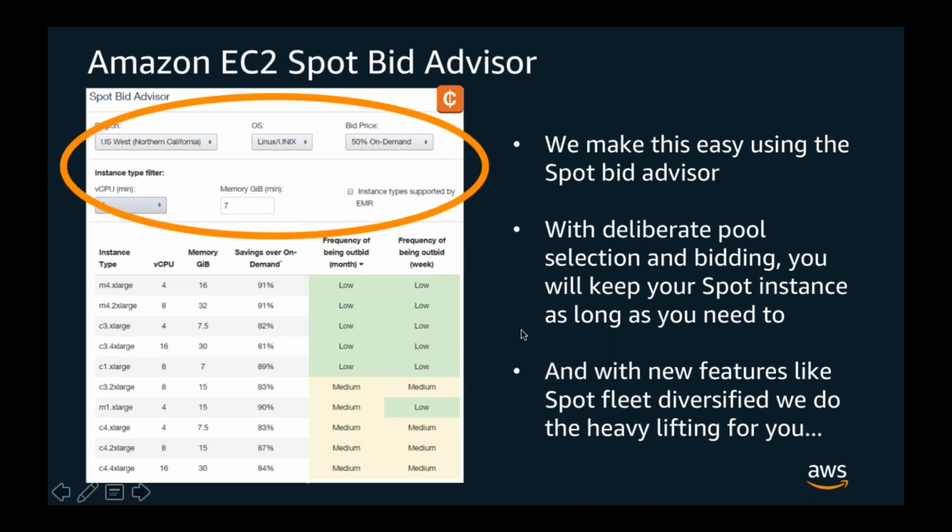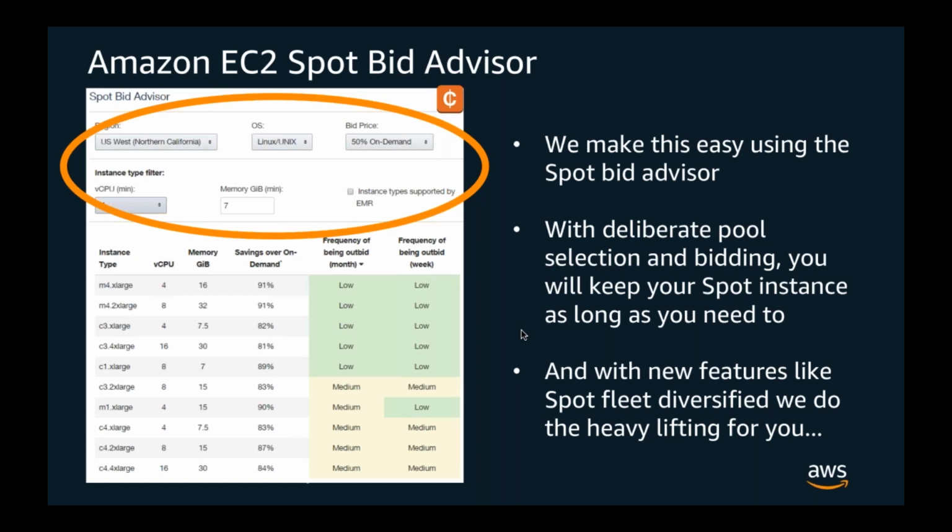So this Spot Bid Advisor, again, lets you say, my operating system is Linux or it's Windows. I would have been willing to bid 50% of the on-demand price in this case, or 75 or 100%. This is the region that I'm looking at. What would have happened here? And so the Spot Bid Advisor pulls from the Spot History API.